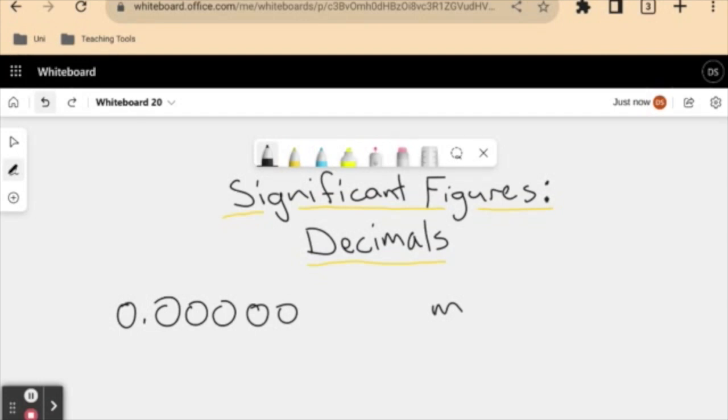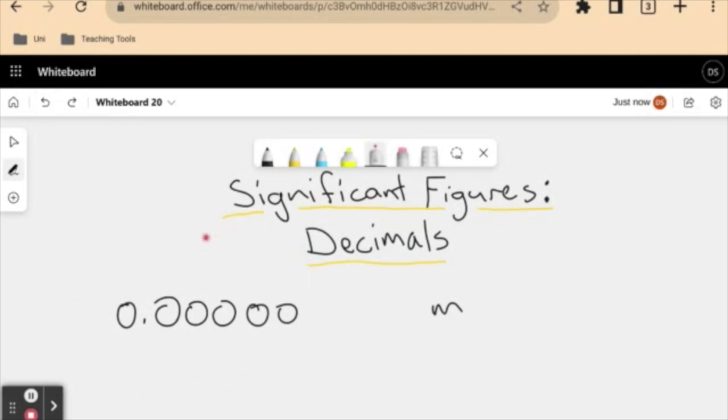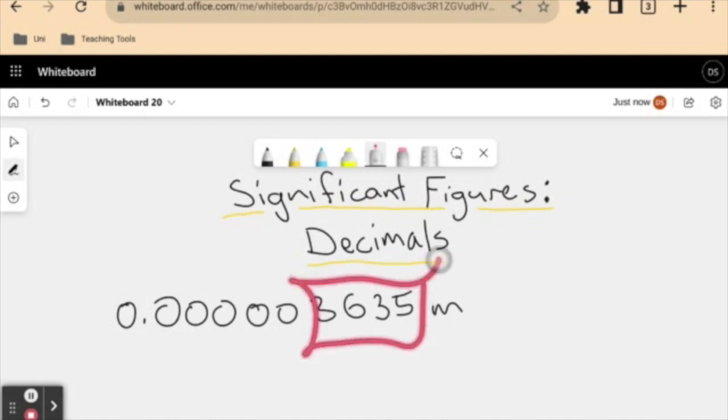Because those are the ones that, while yes, these zeros are important, those are the ones that give context to all these zeros. Because the fact that we measured 3635, I think it was, these figures that we got now give us context to say, okay, well, this was something on the microscopic level. It was on the level of micrometers, right?